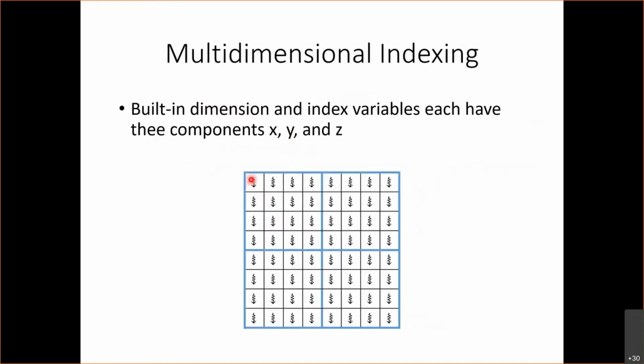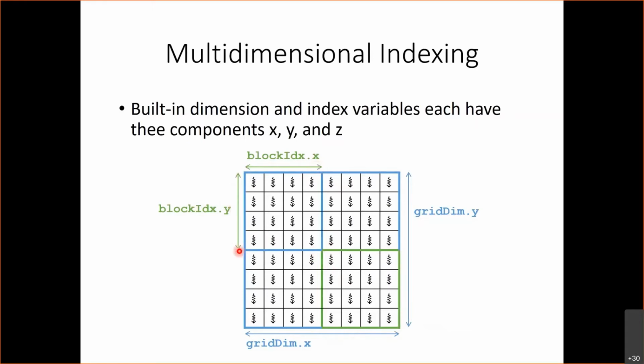In this two-dimensional grid, gridDim has two components: gridDim.x refers to the number of blocks in the width, and gridDim.y refers to the number of blocks in the height. Similarly, we have blockIdx.x and blockIdx.y. For this thread block at the bottom right, its blockIdx.x is 1, and its blockIdx.y is 1.